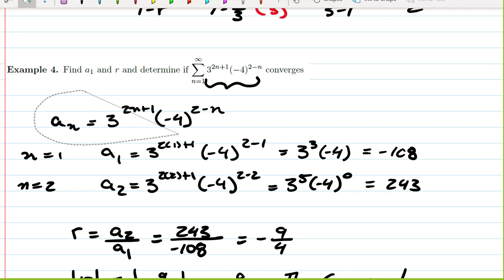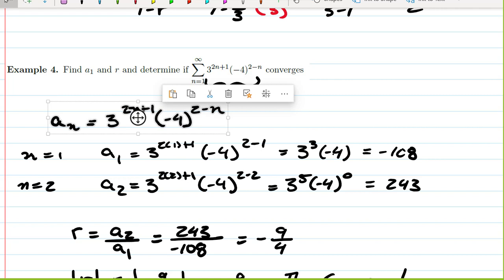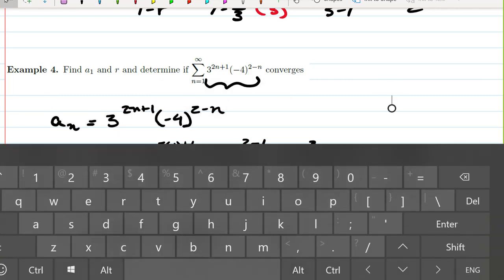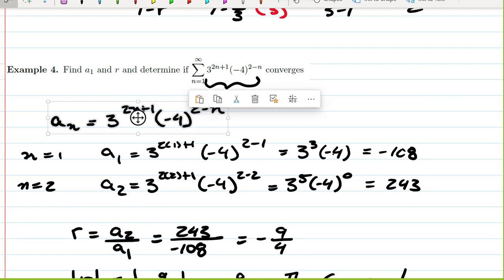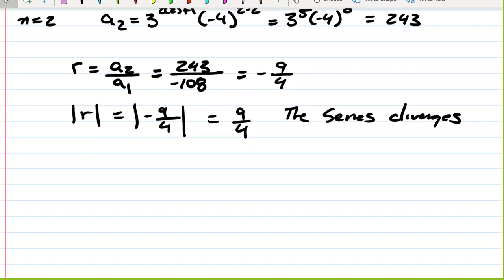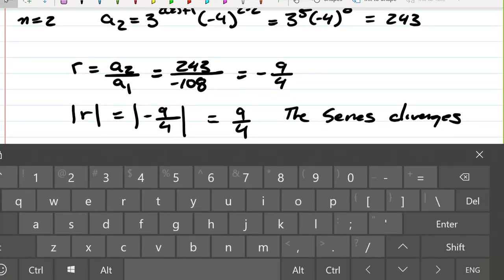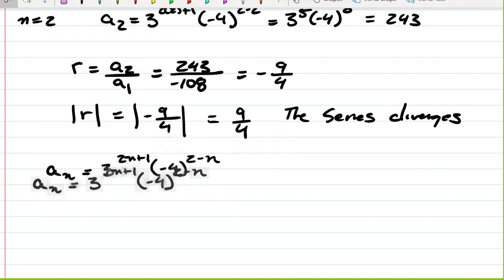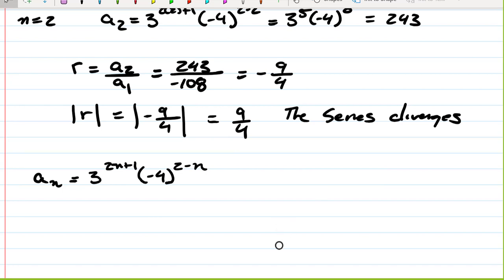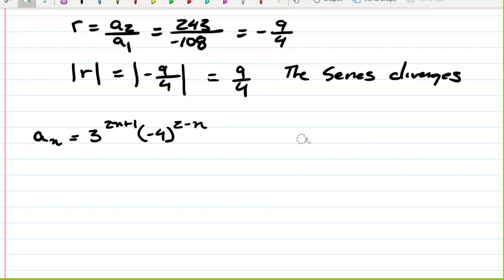So I mentioned that I was going to do this another way. So if I were to approach this in a more algebraic fashion, I could start manipulating this algebraically. So we know that for a geometric sequence, we have the form an is equal to a1 times r raised to the n minus 1.